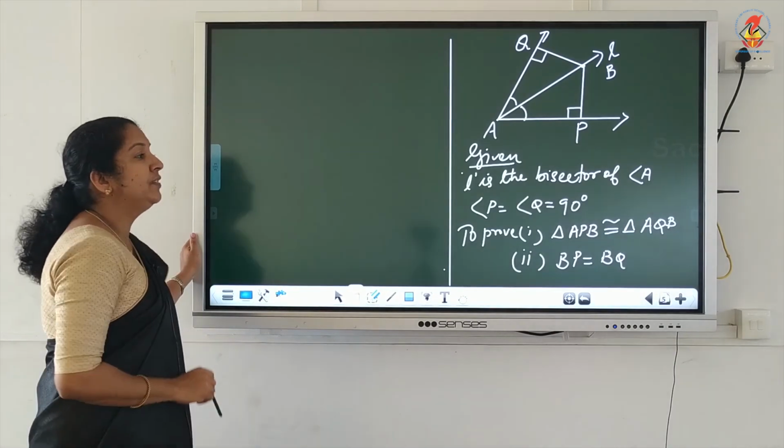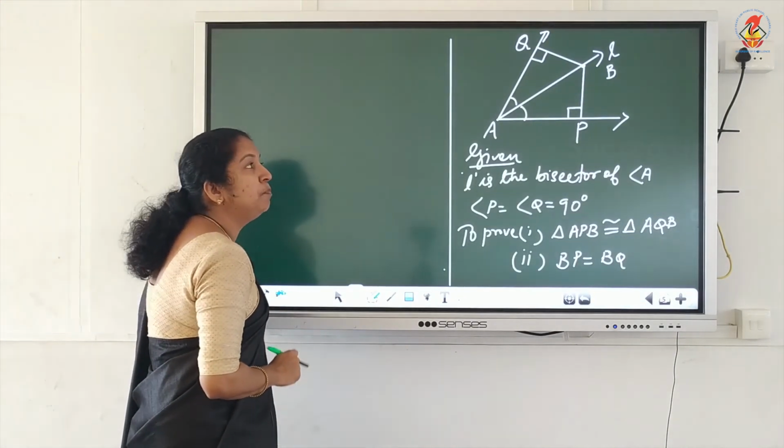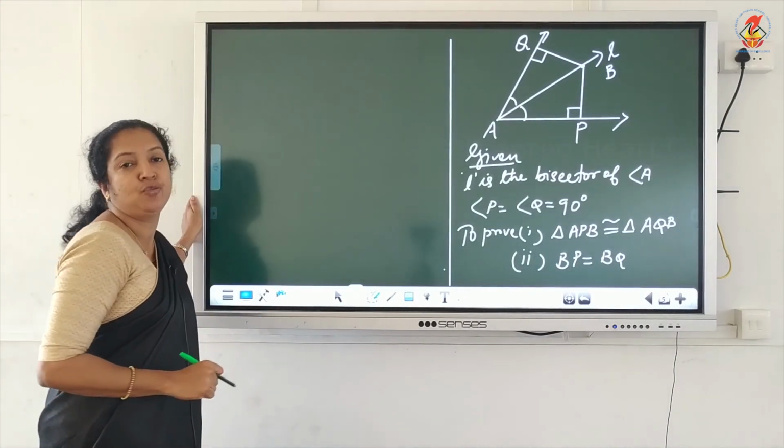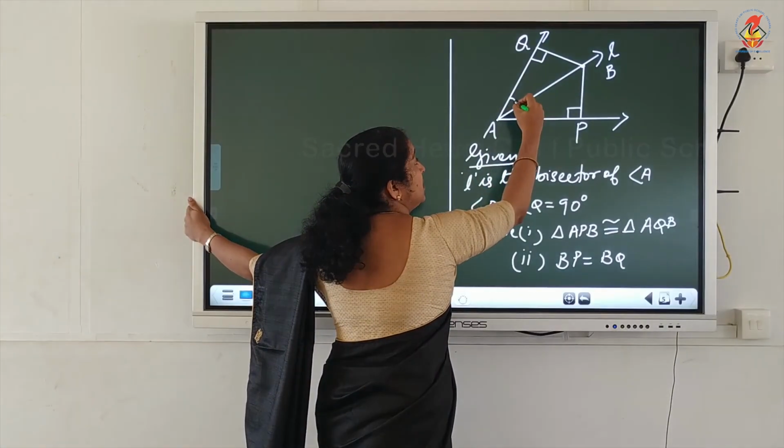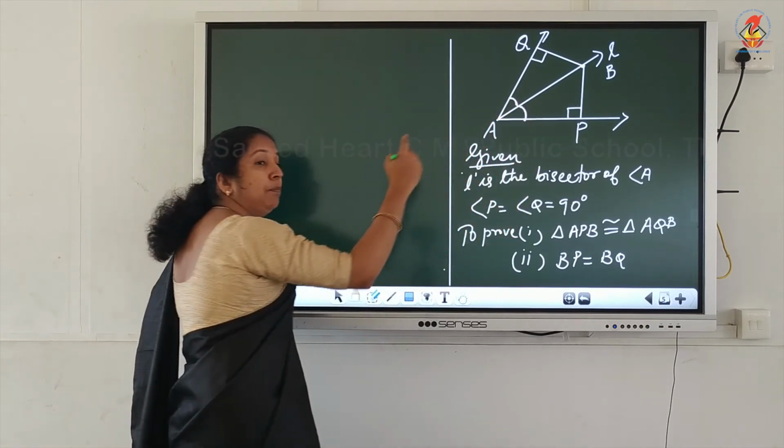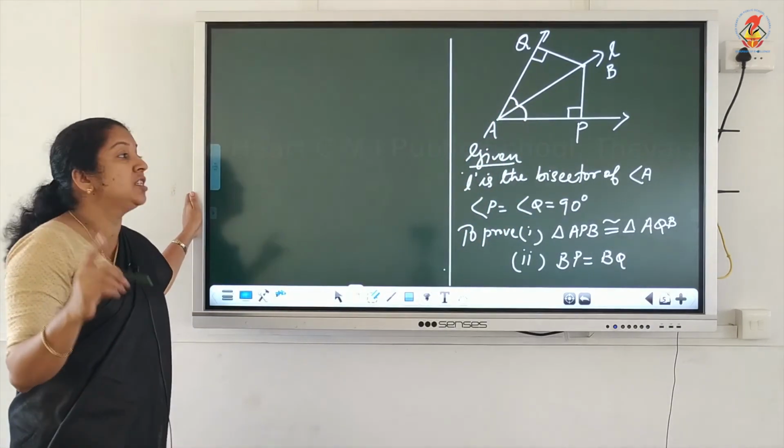Okay. So first condition given is L is the bisector of angle A. L is the bisector of angle A means these two angles are equal. Bisecting means dividing it into two equal parts.